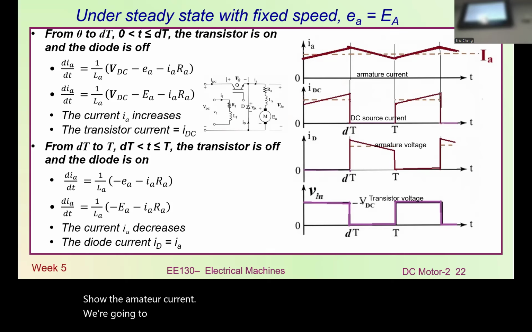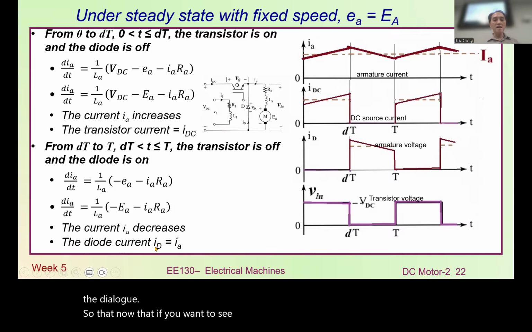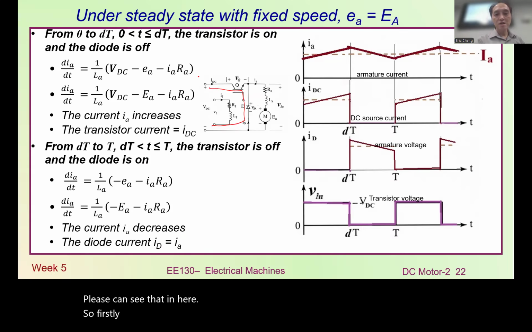This current, as I mentioned to you, is looping through the diode. So if you want to see the diode current, ID is equal to the armature current, which you can see here. Firstly, it will be like this for this case.